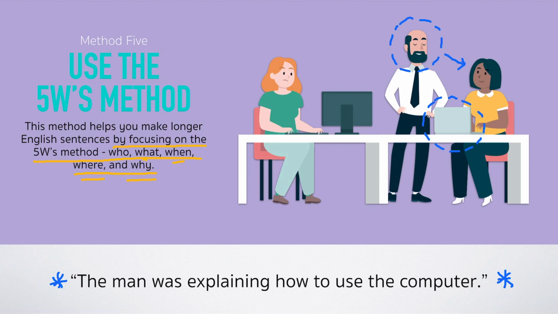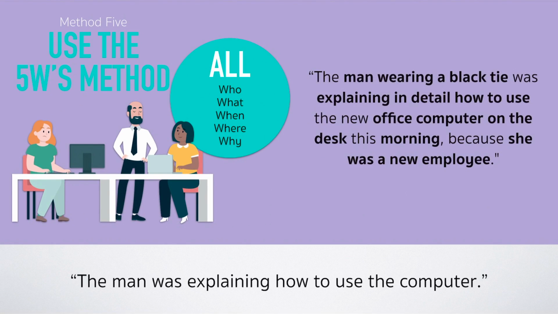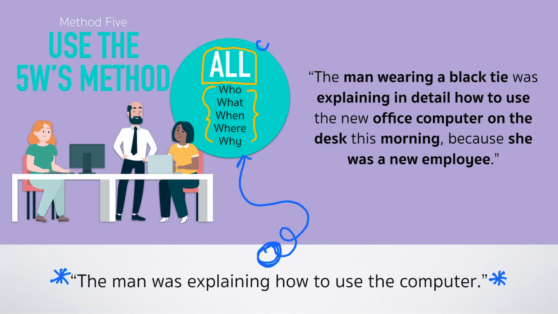Now, with this method, there's only one letter. Who, what, when, where, and why. So let's see how this actually turns our basic sentence into a longer sentence. So here's what we're going to do. Right here, we have all of the 5 W's. We're going to take this initial sentence, bring it up here, add those, and bring it over here.